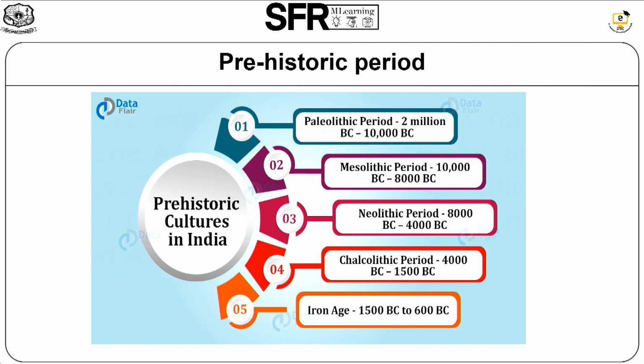The next one, the Mesolithic period, started from 10,000 BC to 8,000 BC. The Neolithic period started from 8,000 BC to 4,000 BC. And the Chalcolithic period was 4000 BC to 1500 BC, and after that the Iron Age follows, 1500 BC to 600 BC.